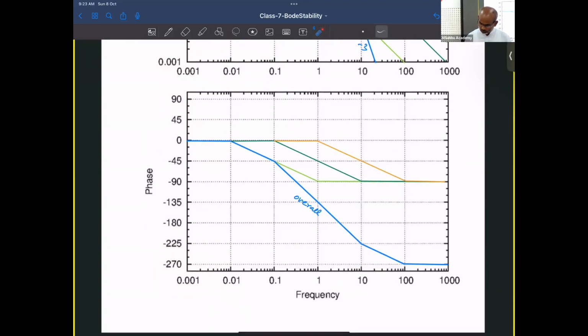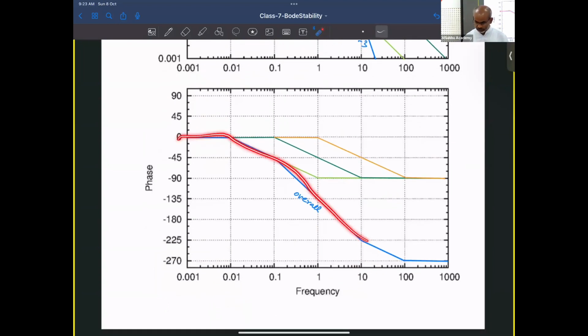Now the overall plot, this blue curve, is simply obtained by adding the phase angles, checking for every frequency. At 0.01 it is 0. At 0.1 this is 0 and this is 45, so the total is 45. At 1, this is 0, this is 45, minus 45, minus 90, giving minus 135. So the minus 135 point is here.